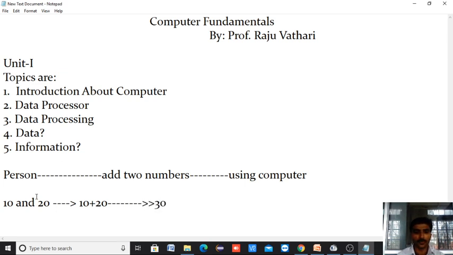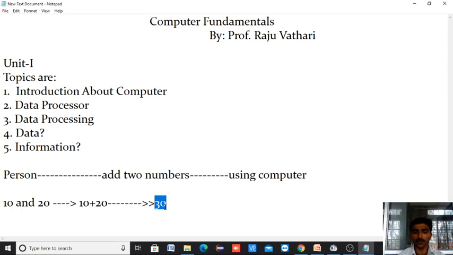Here we can say these two numbers are the input given by the user, and this is called a task which is done by the computer. It is processed inside the computer, and after that it produces the output, or result, or we can say information.